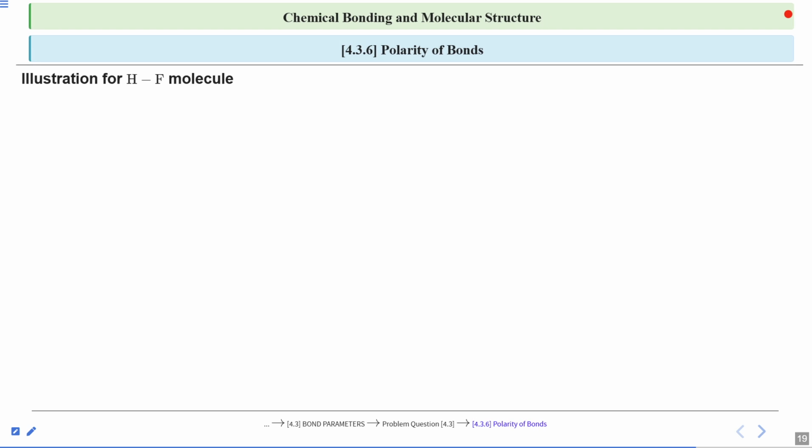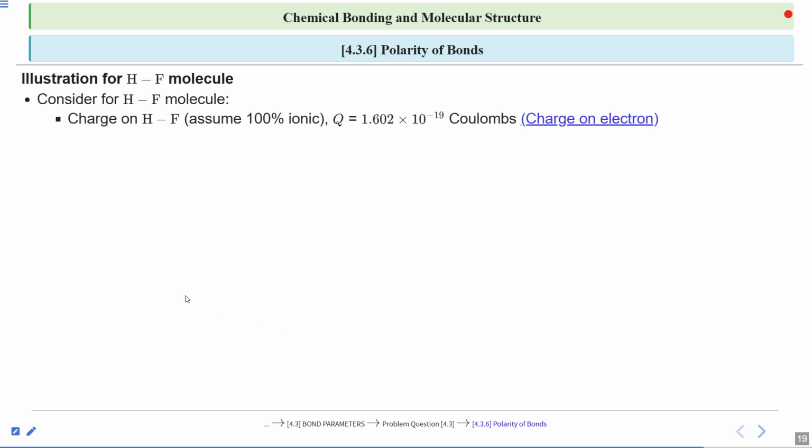Now let us try to understand this dipole moment calculation with the help of an HF molecule. Suppose we have an HF molecule and the charge is considered as 1.602 into 10 to the power minus 19. So remember this part always. You will always take the charge as 1.6 into 10 to the power minus 19.